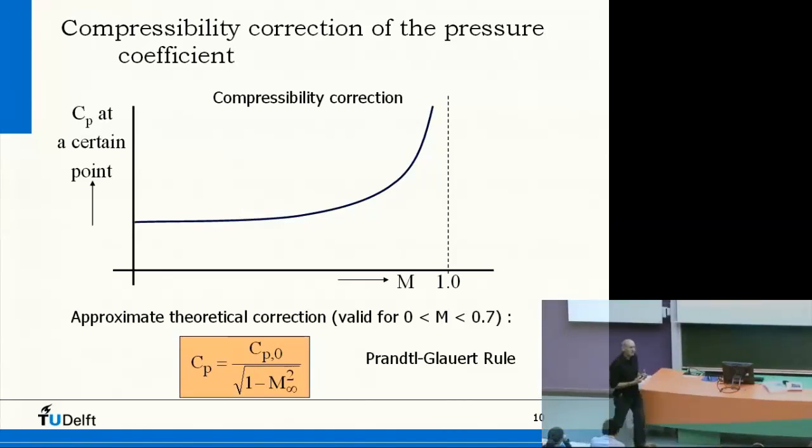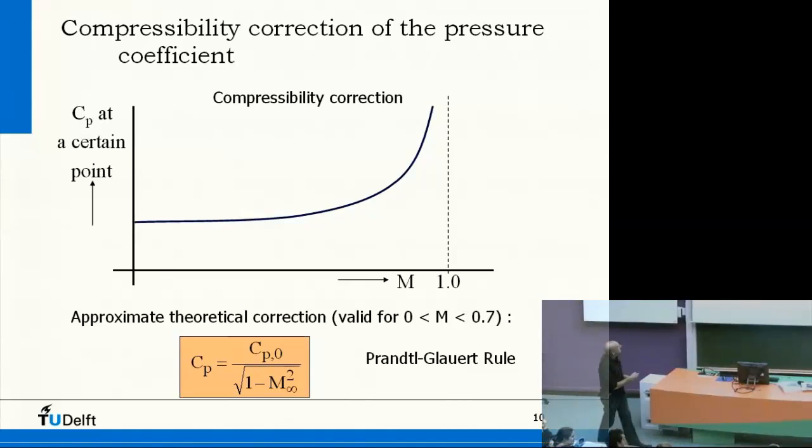Well, if we talk about compressibility, everything up to now was subsonic, and we have a certain Cp on the airfoil. If we now increase the Mach number, then at first not so much happens. The Cp goes a little bit up. In fact, it is fairly constant here, nothing happens until it goes up here. This has to do with the fact that compressibility comes in.